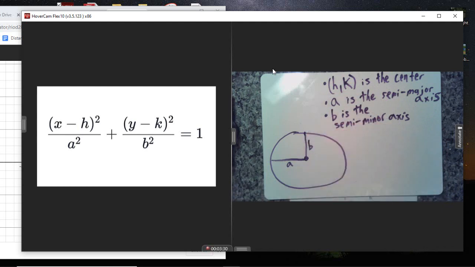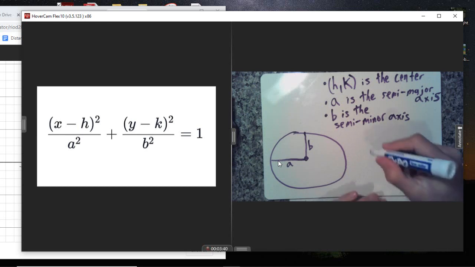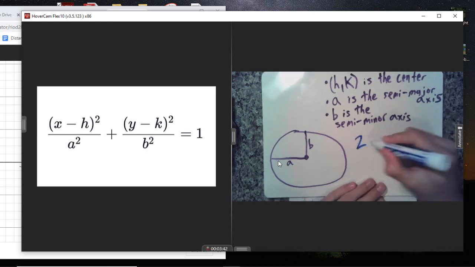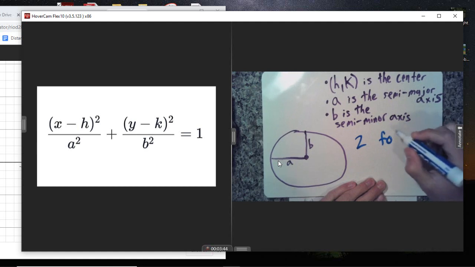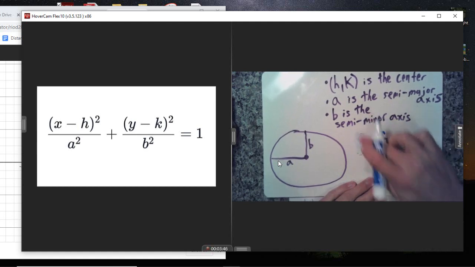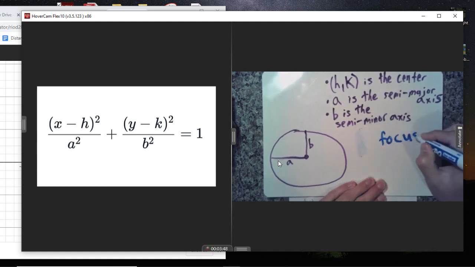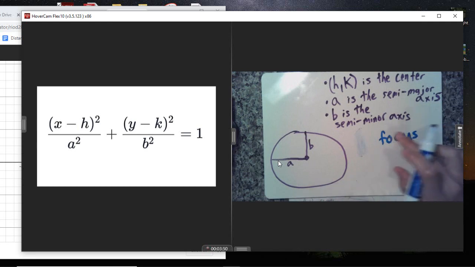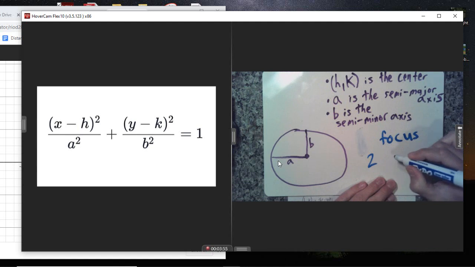Now there's a new concept that, again, you learned in that first video. We have two of them. They're called focus, sorry, that's the singular term for this, but we have two, what we call foci.